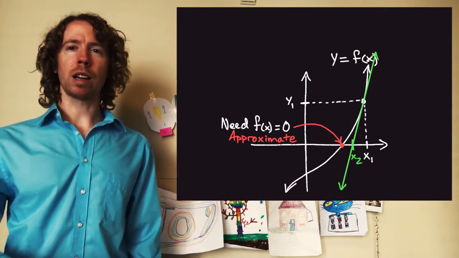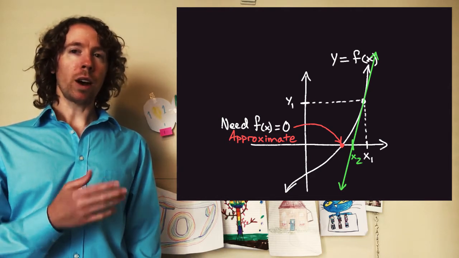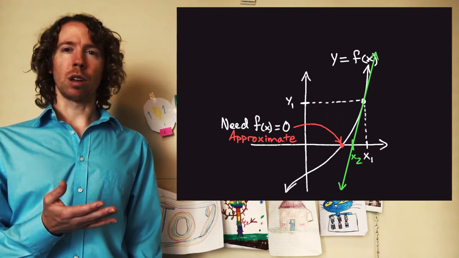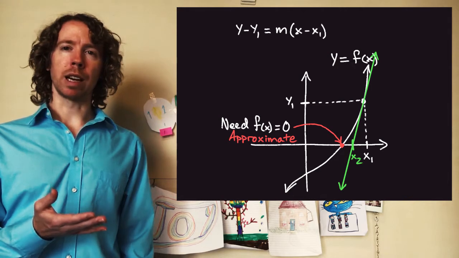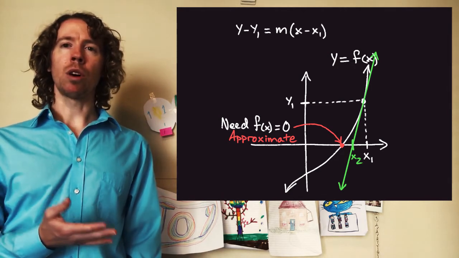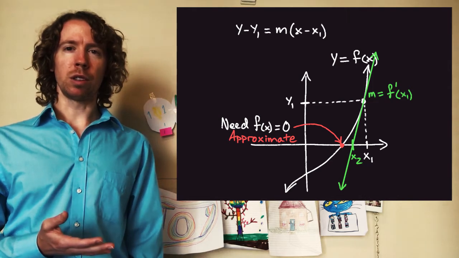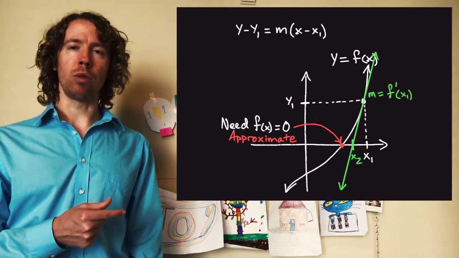So we've got this point x1, y1, and we know how to get the equation of the tangent line from that. We'll use the point slope form of the line. y minus y1 equals slope times x minus x1. And we know the slope of that line is the derivative of the original function, and we'll plug in the point x1 into that to get the slope.